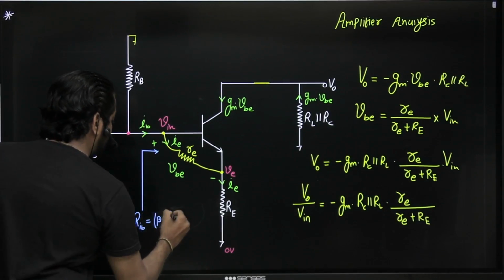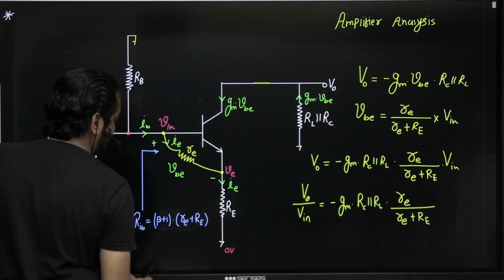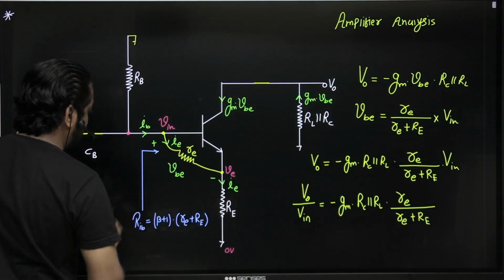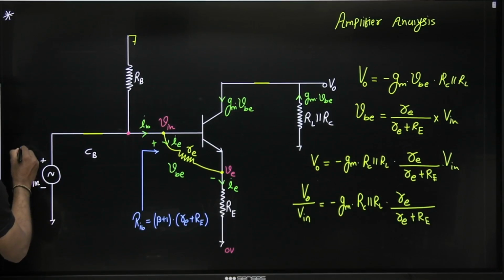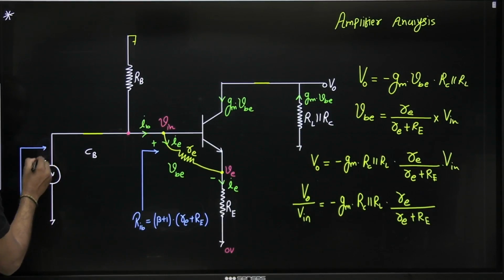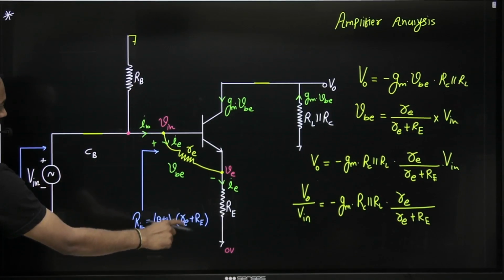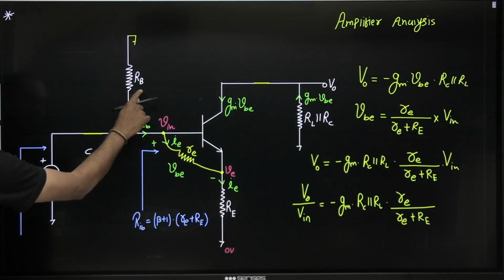Now the total resistor is small re plus capital RE because there is no bypass capacitor. If you look from the input side, RB will come in parallel with this resistance, correct? This resistance is between base and ground, and here one more resistor RB is there.